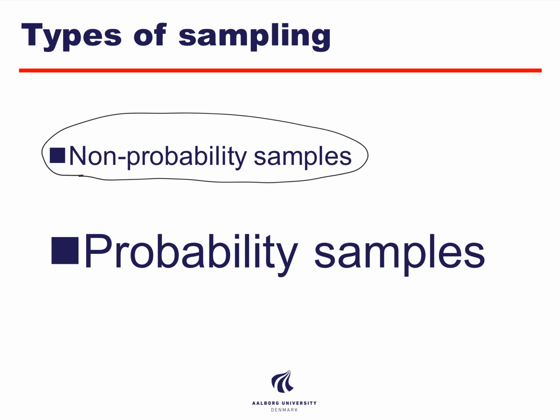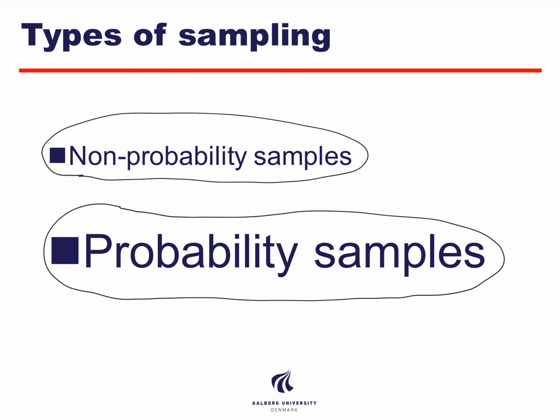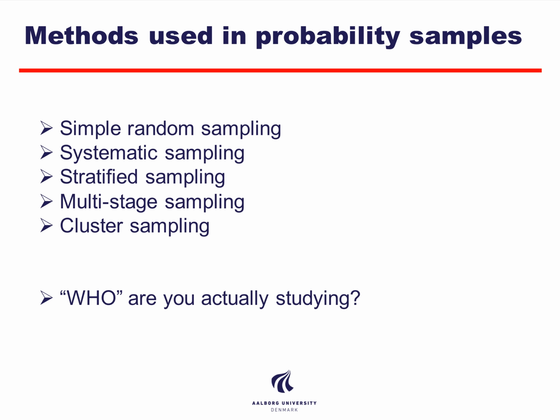But probability samples, I admit that this section is a bit larger, because this is what you should aim for. You should really put some effort into probability samples. And there are different methods used in probability samples: simple random sampling, systematic sampling, stratified, multi-stage sampling, and cluster sampling.